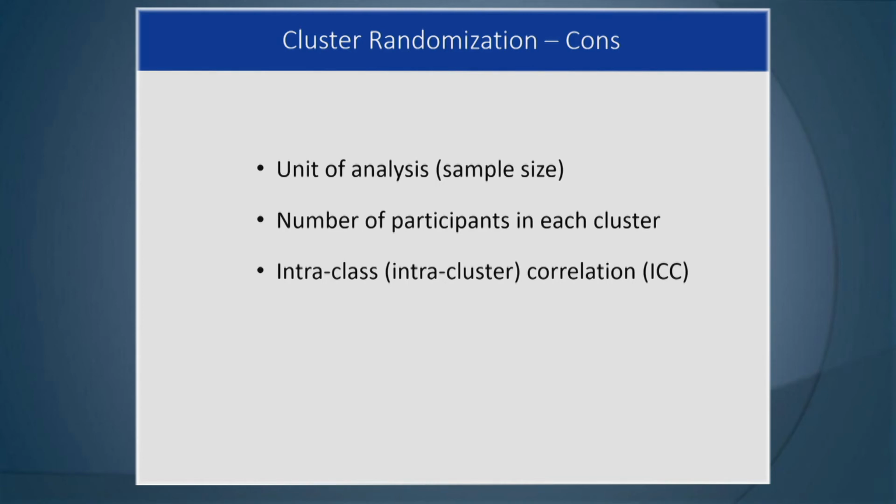So there is a correlation among those in that cluster, while they are independent of, or not correlated with, another cluster. Within that cluster, there is some correlation. They are under the same physician. So obviously, a good physician, there is some correlation. A bad physician, there's some correlation. So that really needs to be taken into account, the ICC, what's called the ICC.